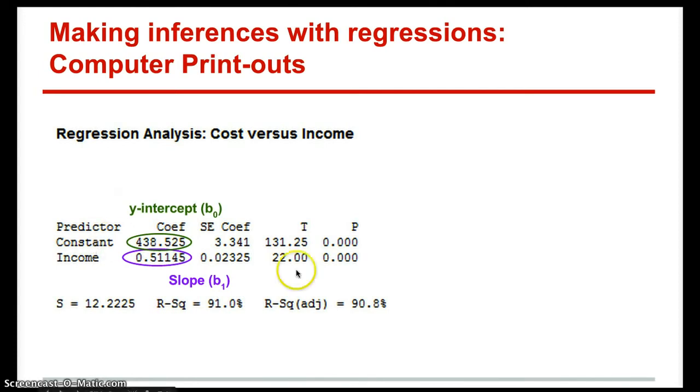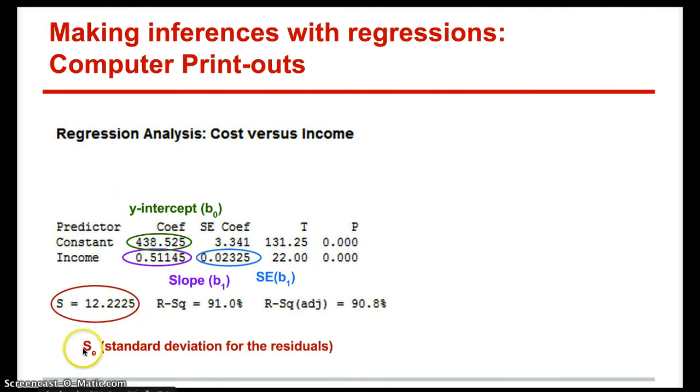Another thing you need to recognize is the standard error, or standard deviation, for the slope, because there are some equations where we have to use that. You also need to have SE, the standard deviation for the residuals. It's marked on the calculator and computer printouts as just an S, so you have to recognize that it is actually SE when you have to use it in different formulas.